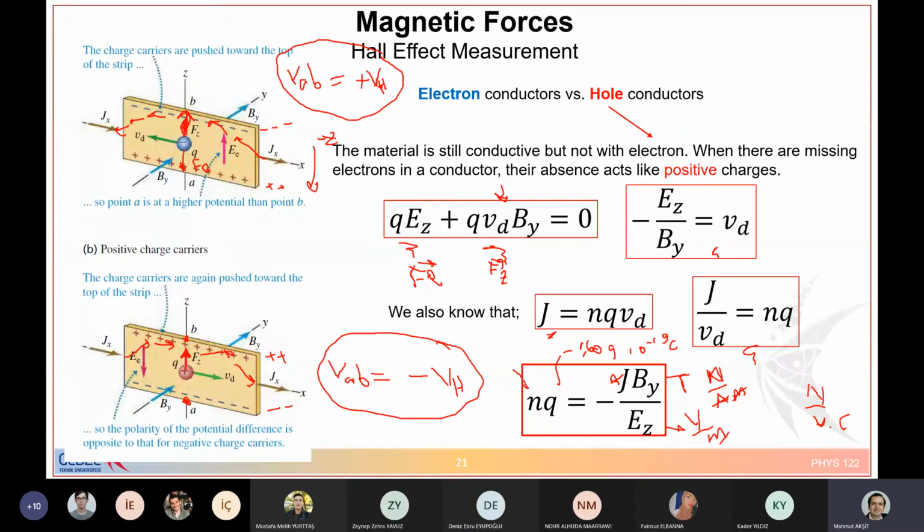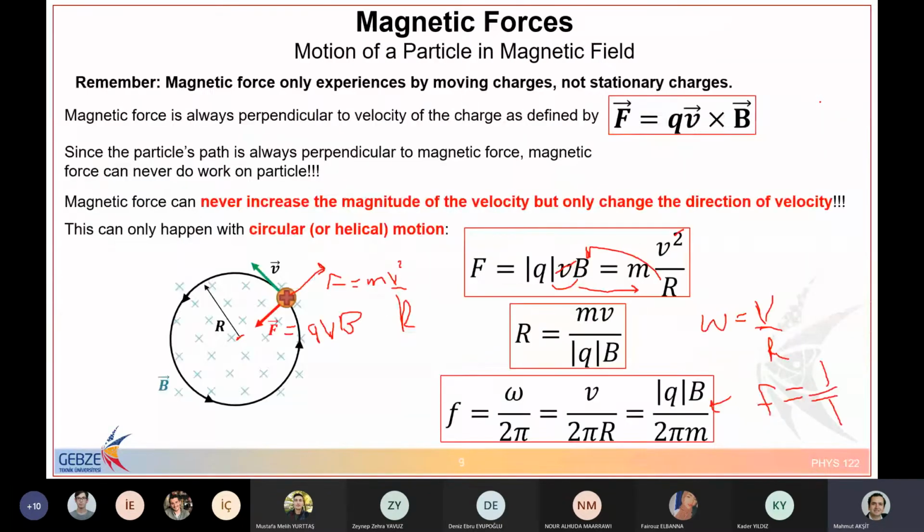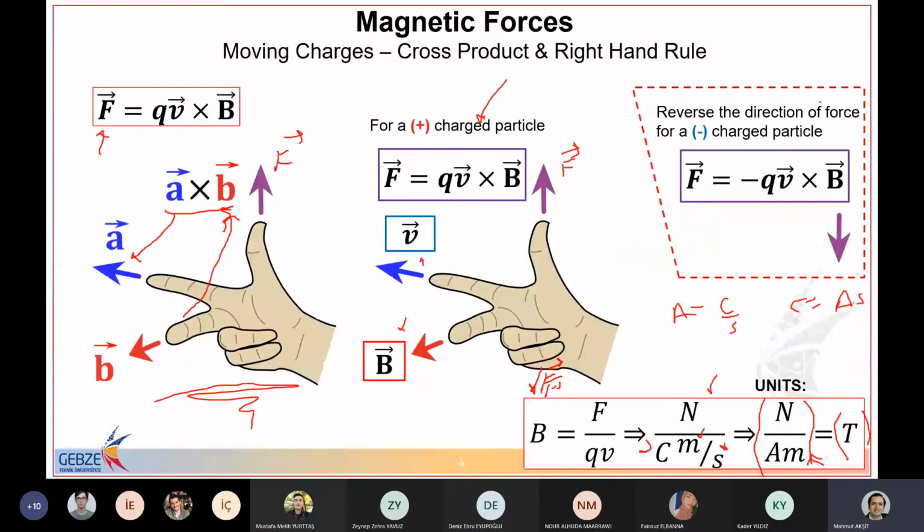So this should be number of particles per unit volume. I think I made a mistake. Newton per ampere meter divided by, okay. Just give me a second. I need to think about it here. Yeah, this was correct.